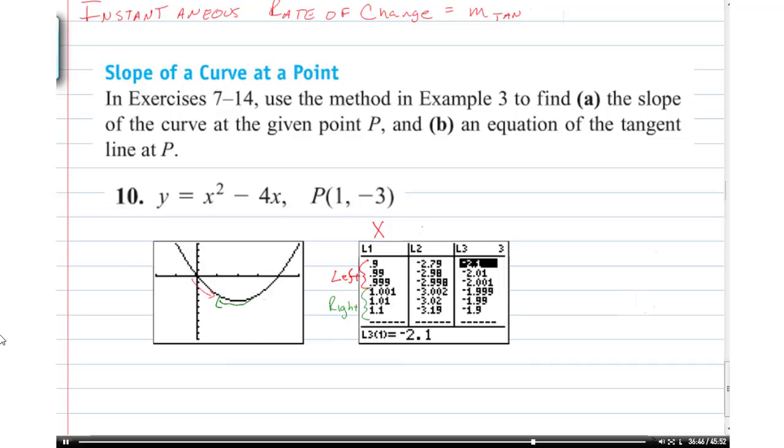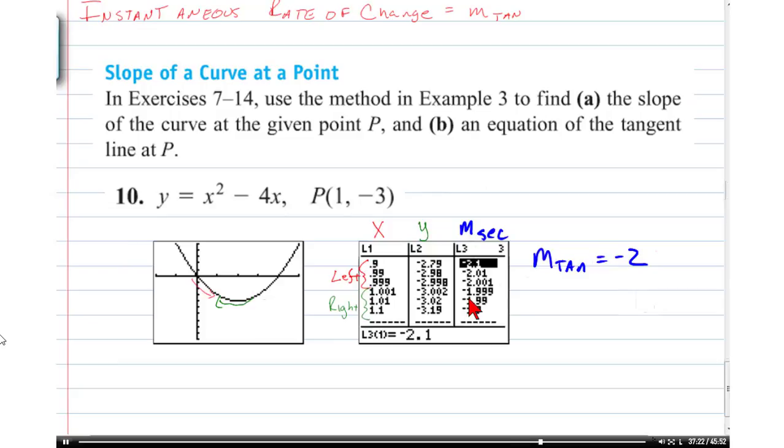So here are the x's, the y's, and then this right here is the slope of the secant line. As we get closer and closer to 1, what is the slope of the secant line approaching, do you think? It looks like the slope of the tangent line is going to be -2, because that's what all of these secant lines are getting closer and closer to. So we would use that for the slope of the tangent line, just based off of this graph.